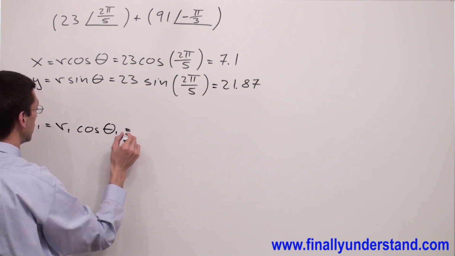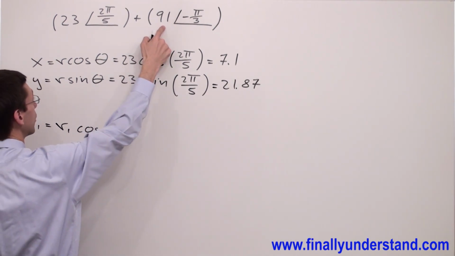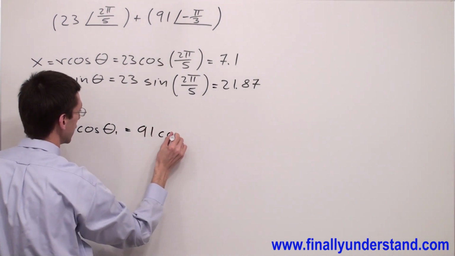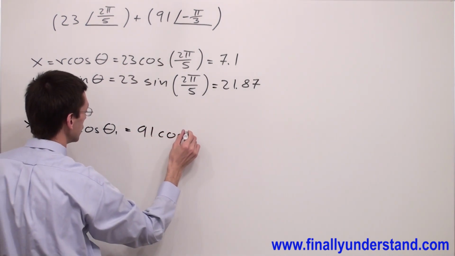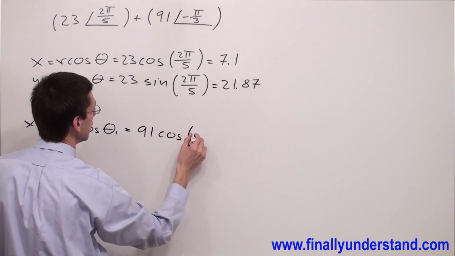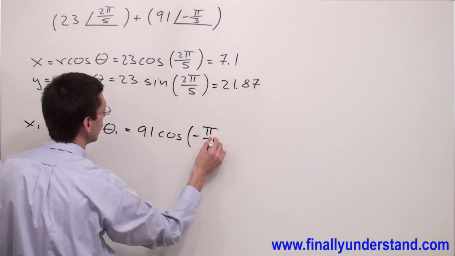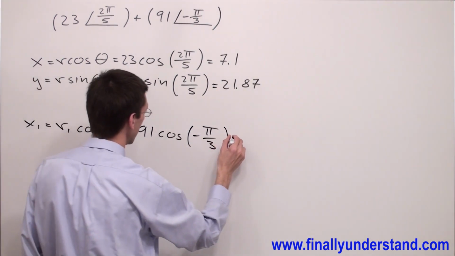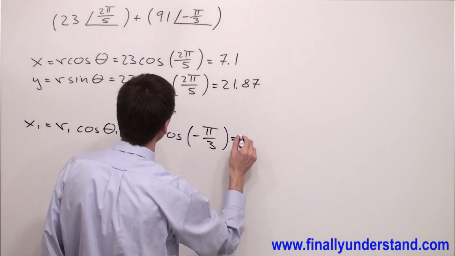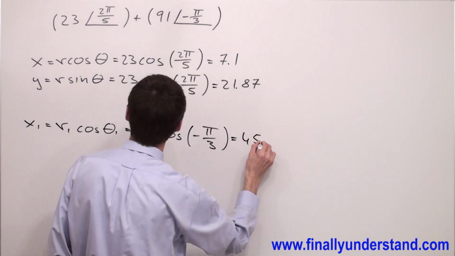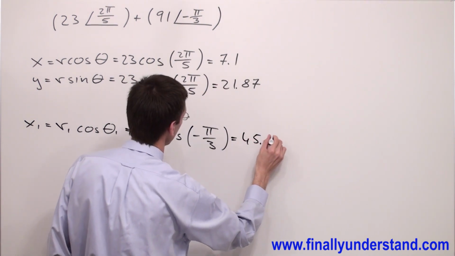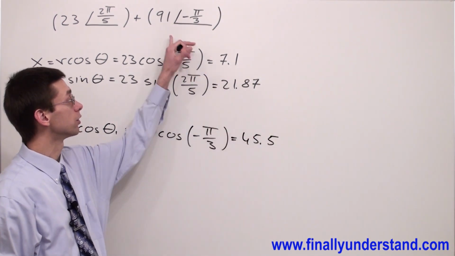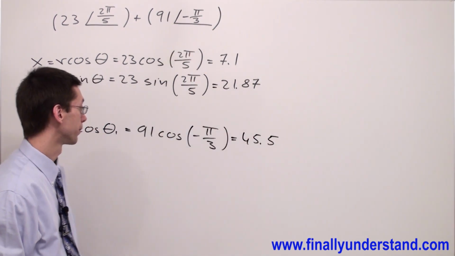So I have r1 equals 91 cosine theta, which is equal to negative pi over 3, theta 1. This is equal to 45.5. Okay, this is my real part for this number.